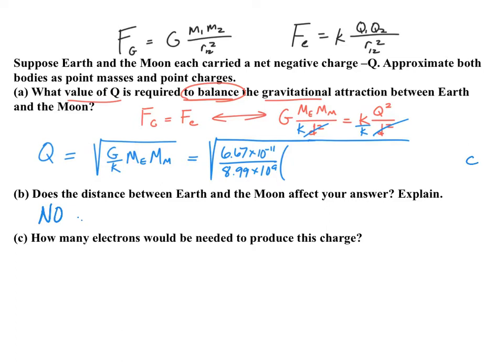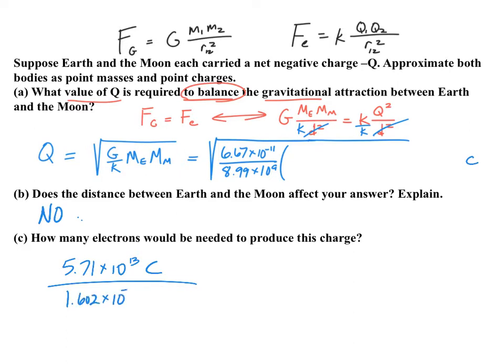All right, part C. How many electrons would be needed to produce this charge? I think I misspoke. Obviously, 1 coulomb isn't the same as an electron. It's a lot more. So I need to convert my 5.71 times 10 to the 13 coulombs to number of electrons.